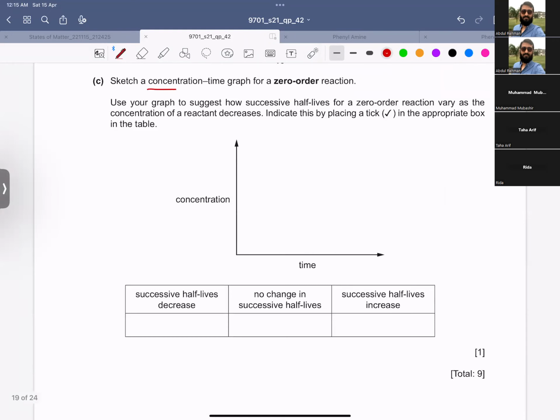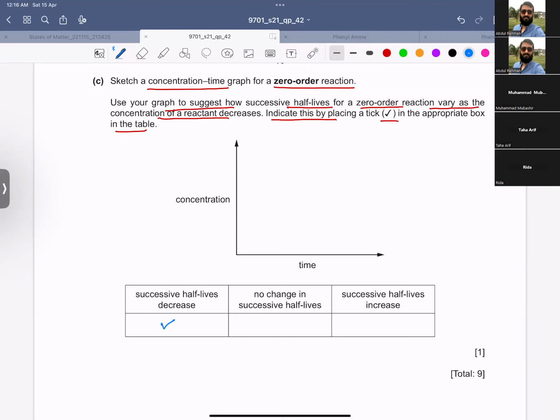Now, sketch a concentration time graph of a zero order reaction. Use your graph to suggest how successive half-lives for a zero order reaction vary as the concentration of the reactant decreases. Indicate this by placing a tick in the appropriate boxes in the table. If you recall, whenever there is a zero order, the successive half-life would actually decrease. In first order, the successive half-lives would not change.